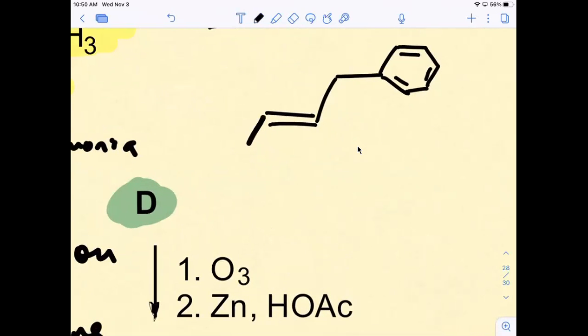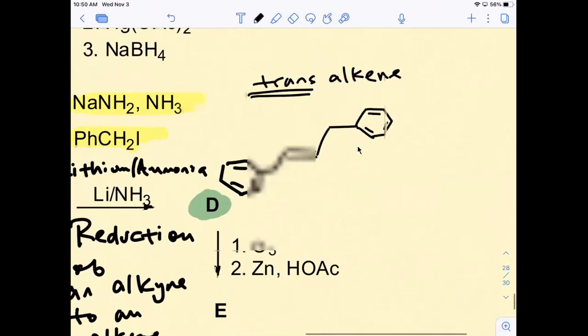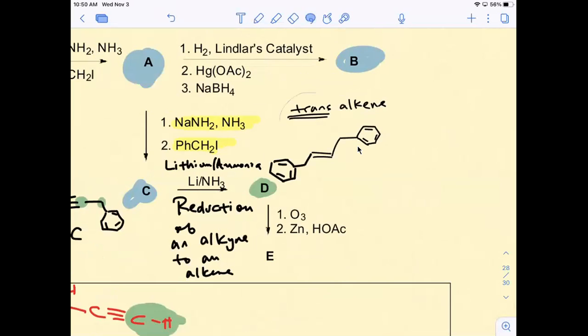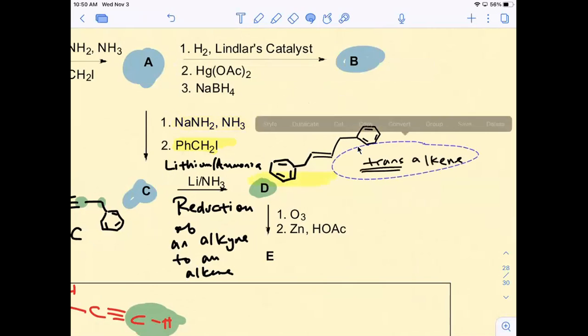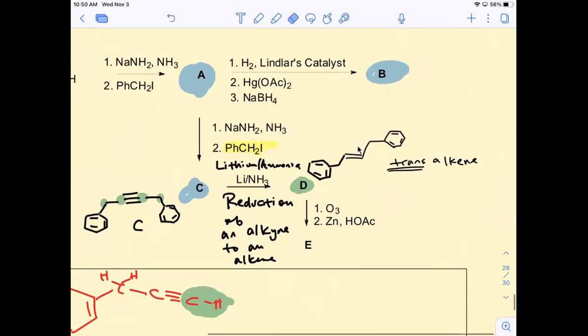So I'm going to draw that down here. So this is my trans alkene. Lithium and ammonia in the presence of an alkyne is going to take that alkyne down to the alkene, but the alkene you get is going to be trans, where the groups are on opposite sides of one another.